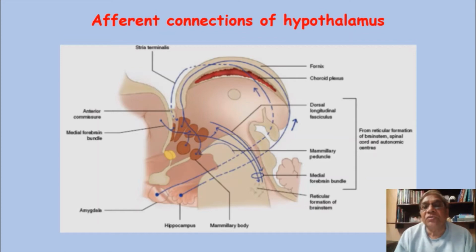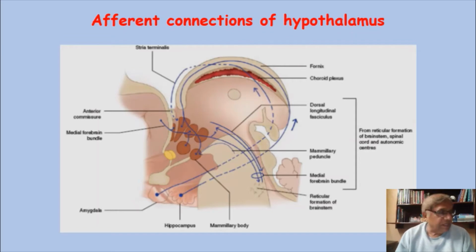So to this lateral zone nuclei, these fibers from the brain stem go through the medial forebrain bundle.